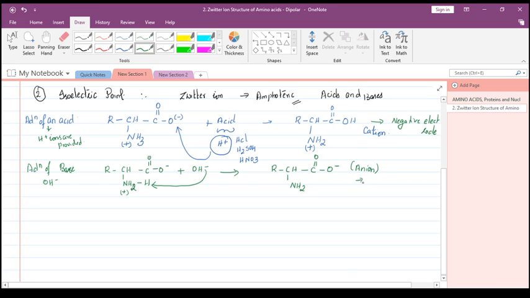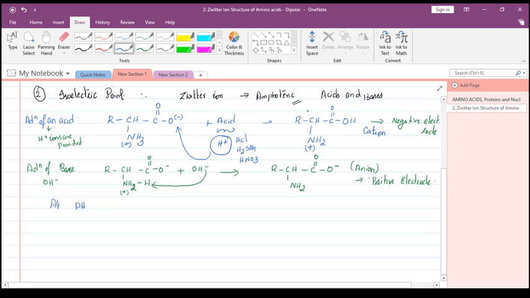It will be attracted towards the positive electrode. At a certain pH, the concentration of the cation may be exactly equal to the concentration of the anion.